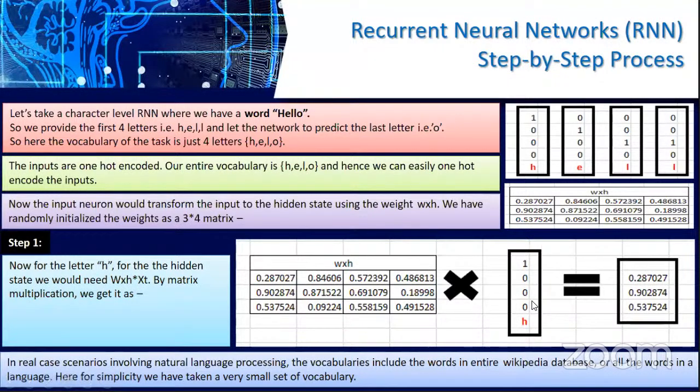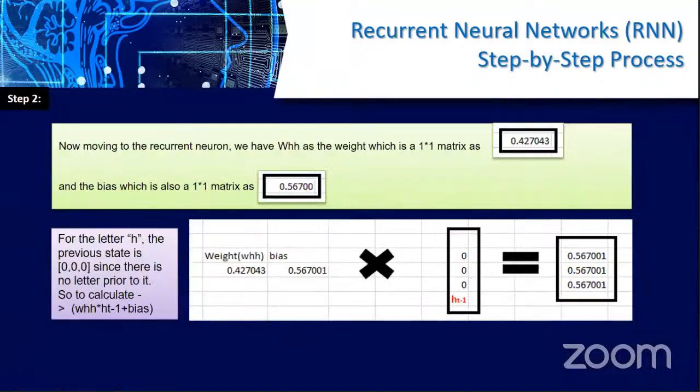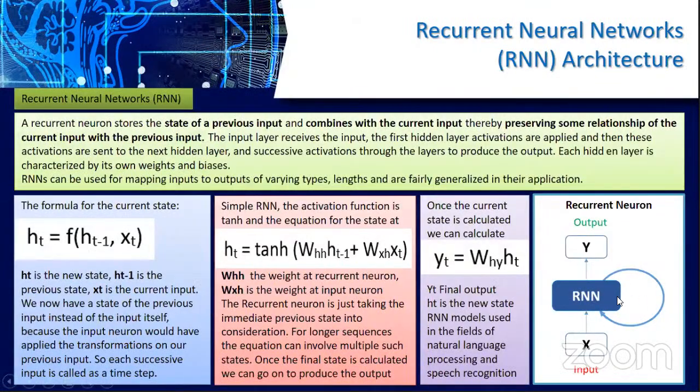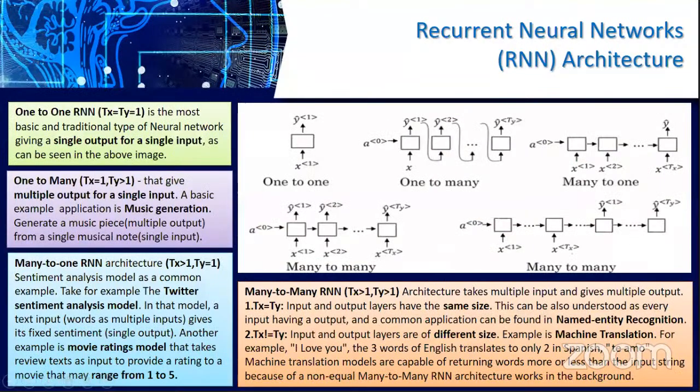Okay. Now, the next step that we would go into is, we have to go into the recurrent neuron and assume what is the weight of the recurrent neuron. Because every time we need a weight, right, for the recurrent neuron. So the recurrent neuron is supposed to have a weight, which is called W suffix hh. So we want to take a weight for the recurrent neuron.